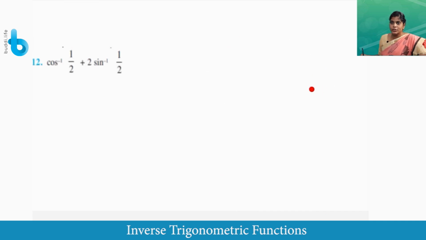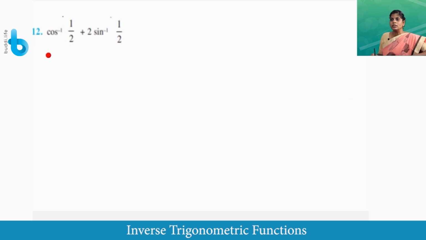Yeah, it is similar to your previous question. You will find cos inverse of 1 by 2, and you will find 2 into sine inverse of 1 by 2. This also is the same thing. Let y equal to cos inverse of 1 by 2 and cos y equal to 1 by 2.